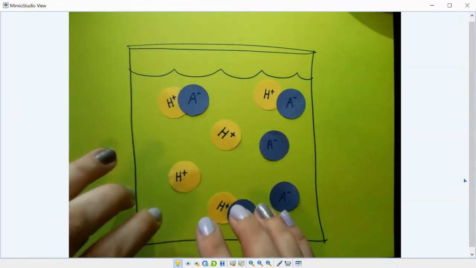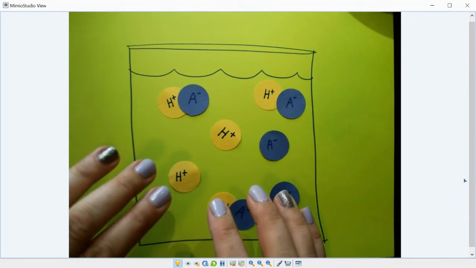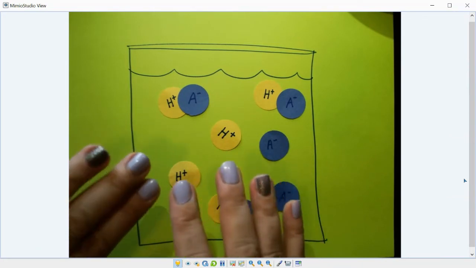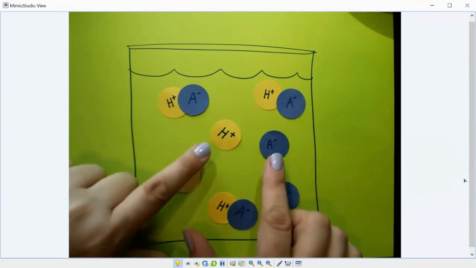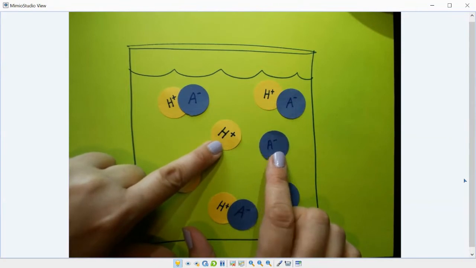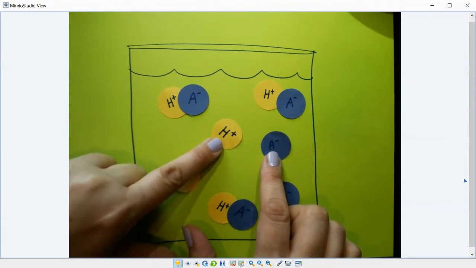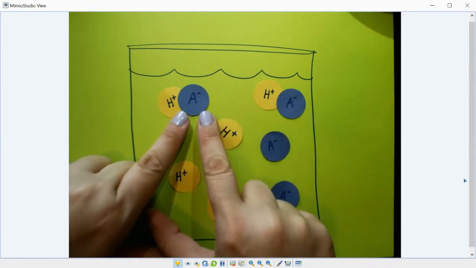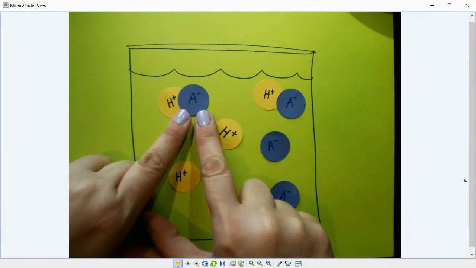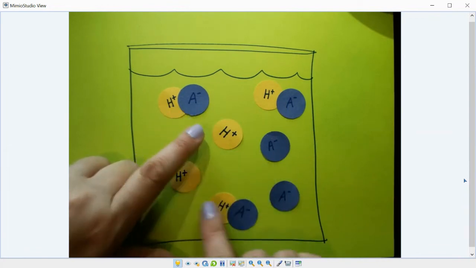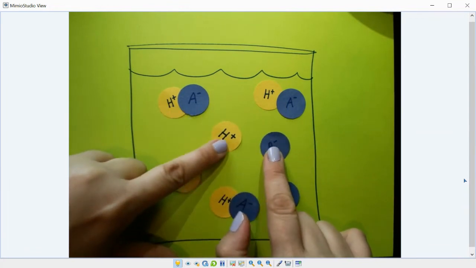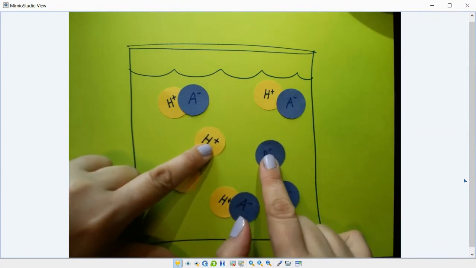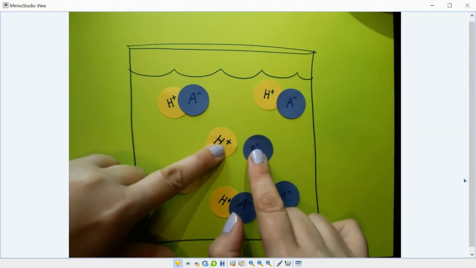And when we get to equilibrium, which means the rate of moving to the right, to H plus and A minus, is equal to the rate at which we move back to HA being stuck together. Once we get to equilibrium, say these guys are floating around in the solution and they get close to each other.